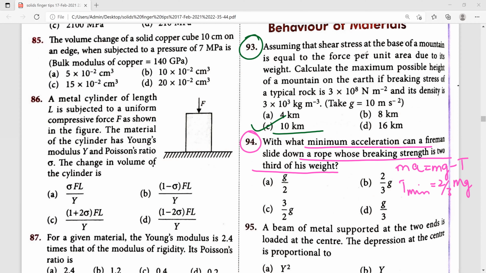Therefore minimum acceleration: ma is equal to mg minus 2/3 into mg. So a minimum is equal to g minus 2/3 into g, or this is equal to g/3. D1 is the right answer.